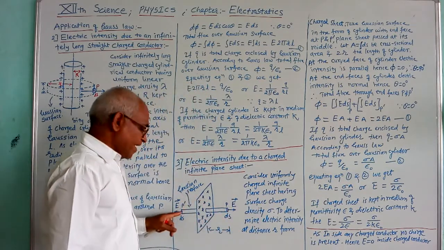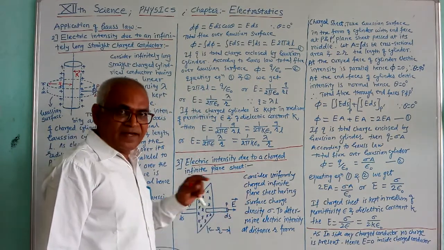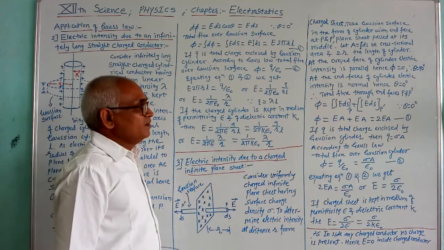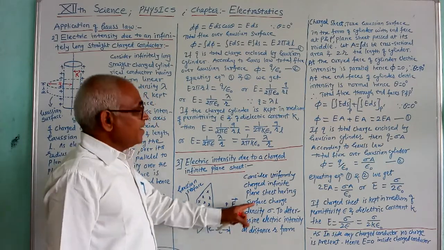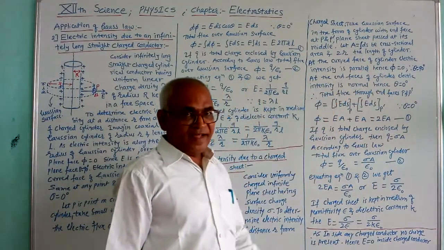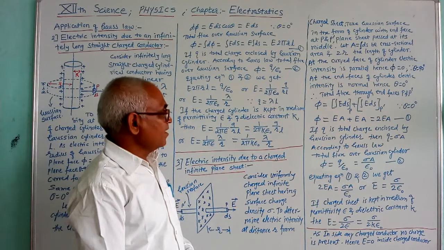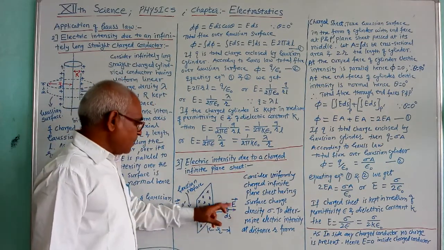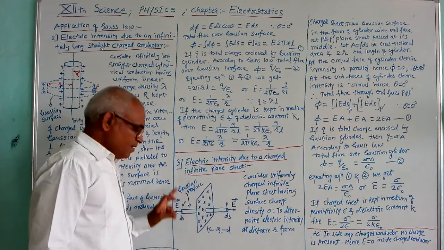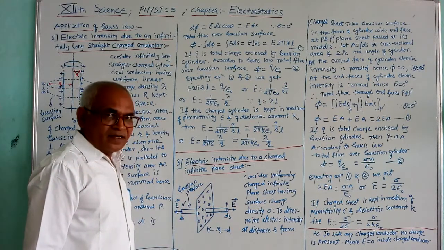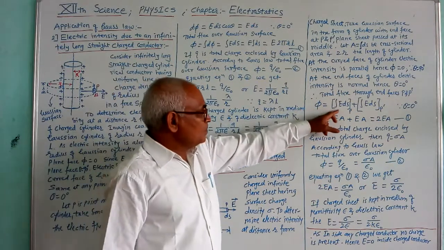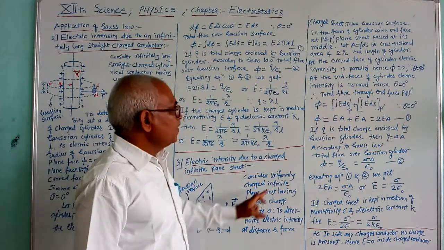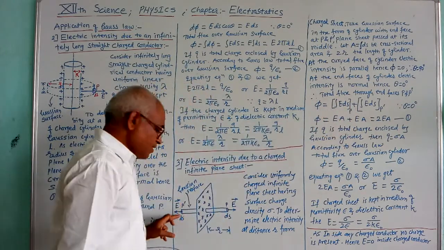Over the plane faces of this Gaussian cylinder, the electric intensity is normal. Therefore in that case, theta is equal to 0 degrees. Hence the total flux over the ends P and P dash of this Gaussian cylinder is equal to the flux at the end face P plus the flux at the end face P dash.